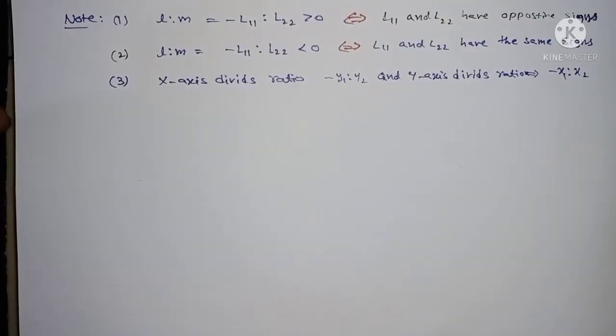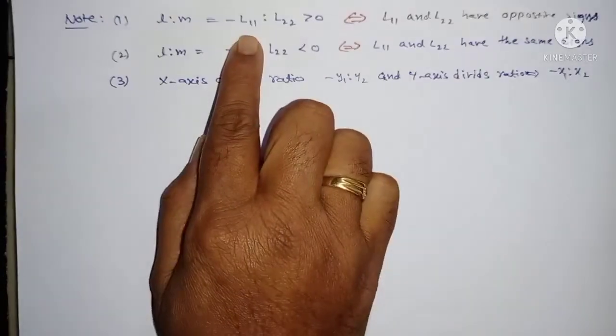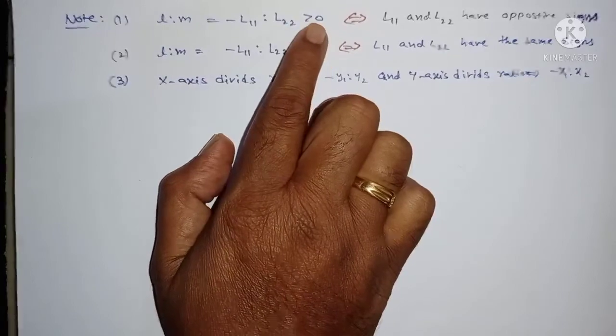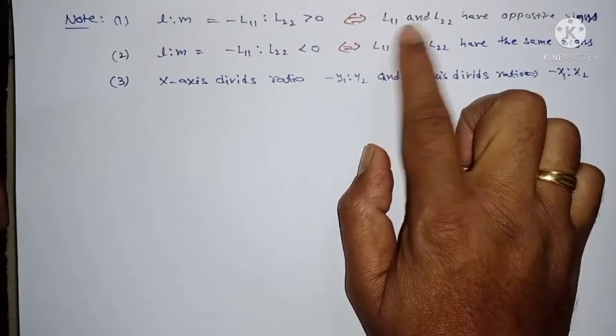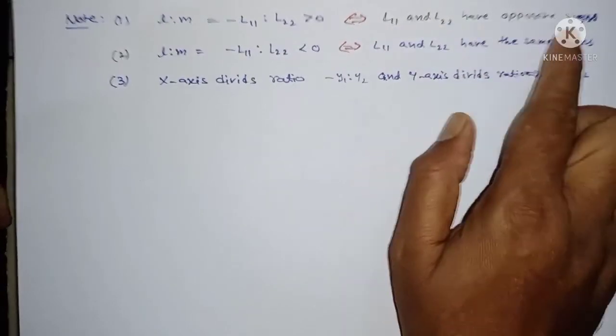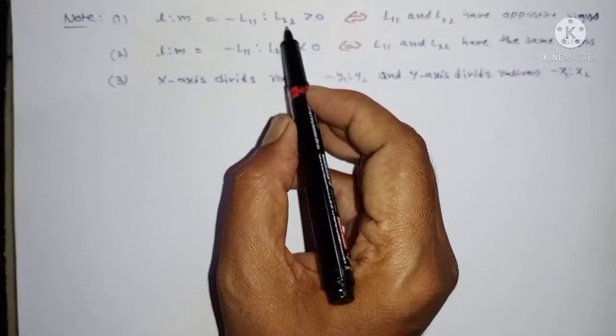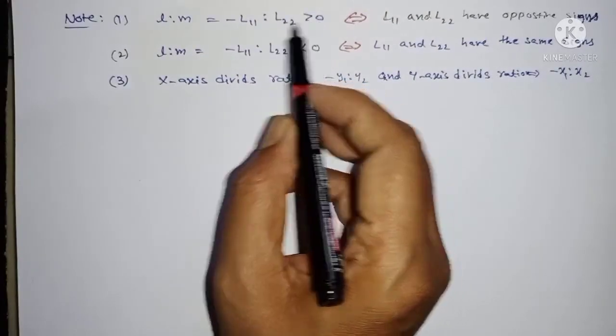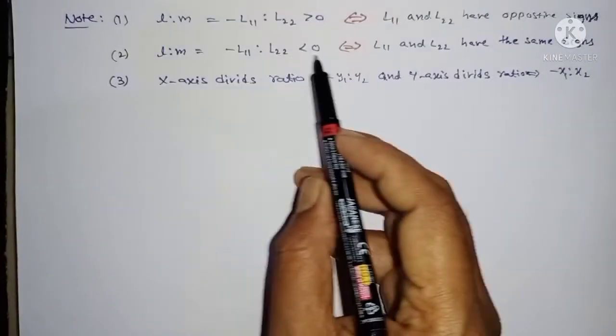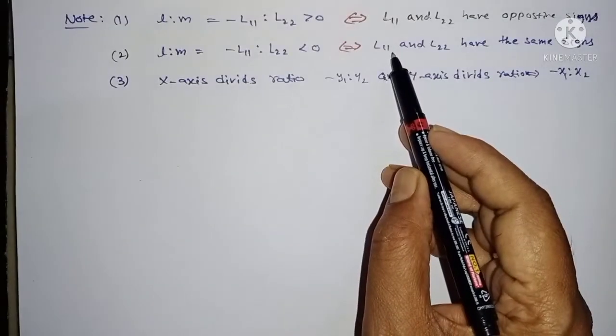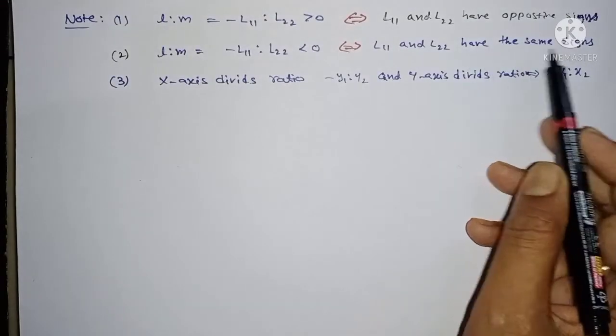Depending on the theorem, note that if L is to M is equal to minus L11 is to L22 is greater than 0, then L11 and L22 have opposite signs. You can put the first point and second point. If it is less than 0, it means L11 and L22 have the same signs.